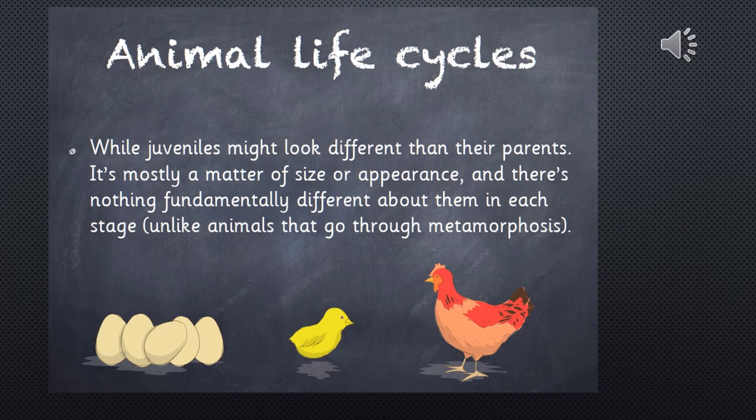In animal life cycles, the juveniles and the babies do look a little bit different from their parents, but mainly it's just the size and what they look like. It's never anything serious. Unlike our insects that shed their skin, or the butterflies and moths that go through that metamorphosis in their cocoons.